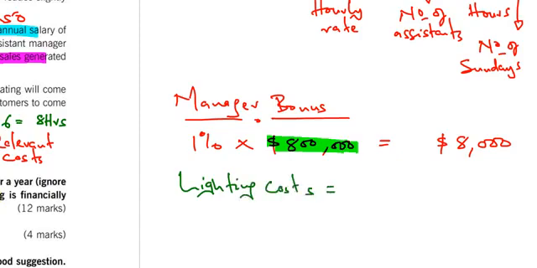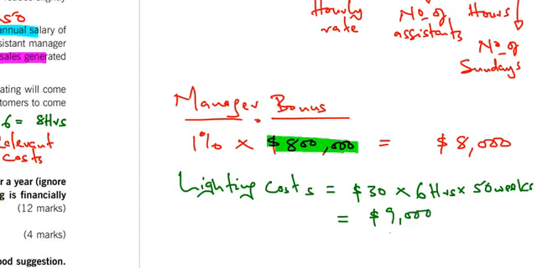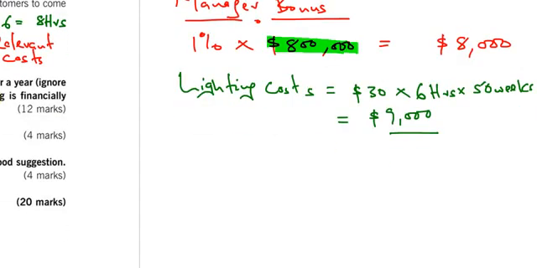So lighting costs. Remember, the rate was given. We've seen it is $30 per hour. There are 6 hours. And remember, there are 50 weeks. And this gives us 9,000. Use a calculator and confirm this figure.